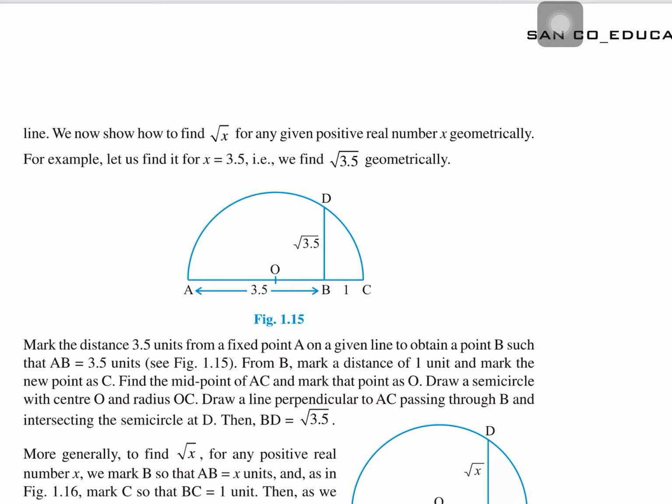Under root x means x could be anything: 4.3, 3.4, 5.2, 6.1, 7.9, 8.9, 9.3, 13. Any number can be represented on the number line by this method, and this method is also useful for representing root 2, root 3 and root 5.